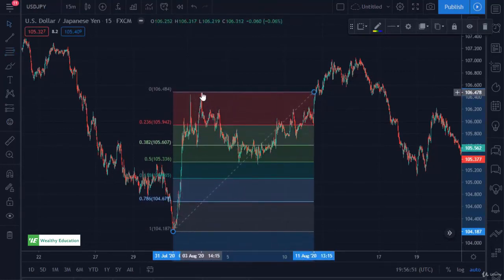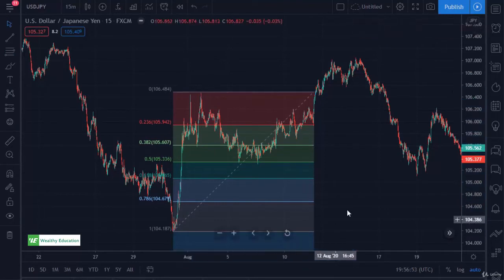So I'm basically targeting this, right? Now you'll notice that there are quite a few levels here. There's 23.6, 38.2, 50, 61.8, 78.6, and then 1, which is 100%.